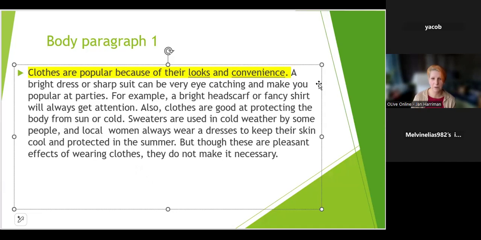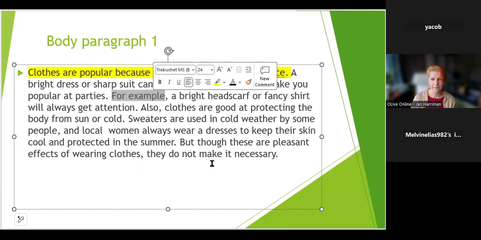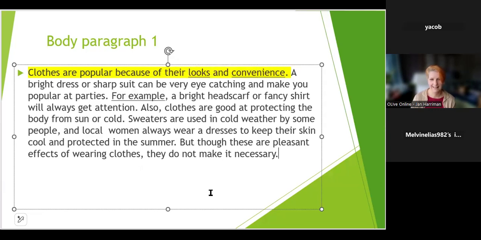We've got a description of looks, and an example to support the looks. Also, clothes. So now we also have to cover convenience, right?